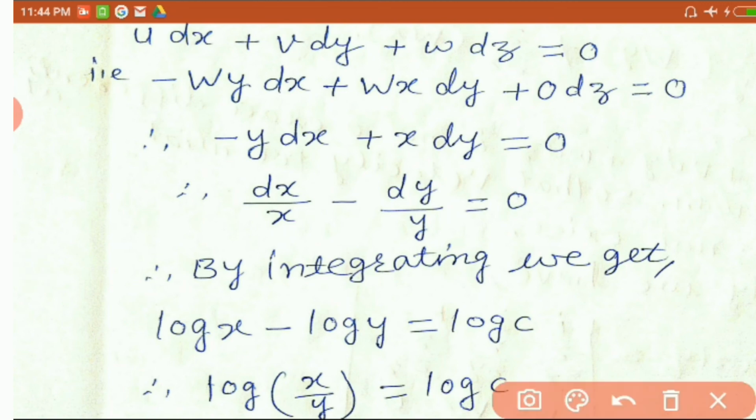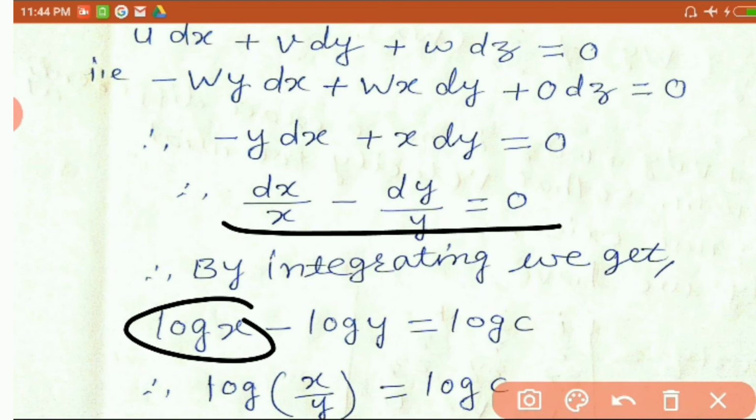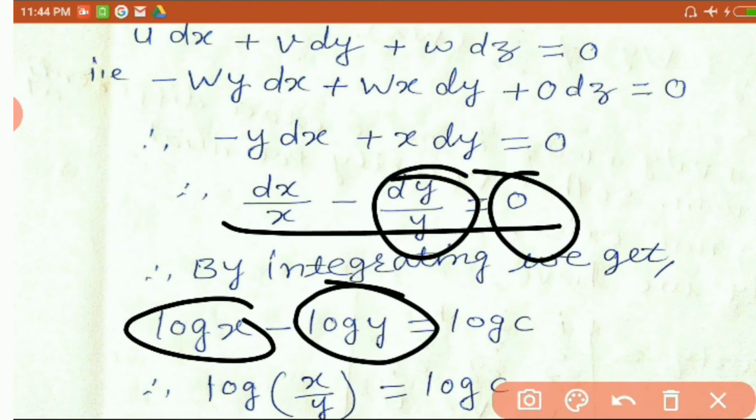Now integrate this. The integration of 1 upon x dx is log x, the integration of 1 upon y dy is log y, and we add the integration constant c.